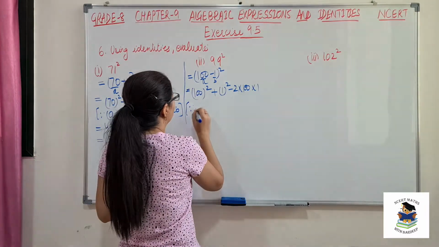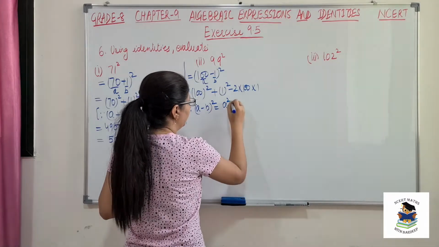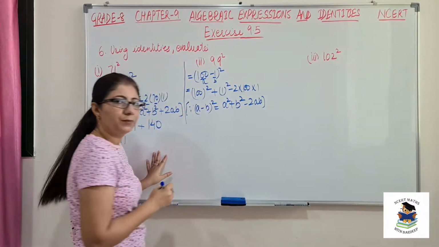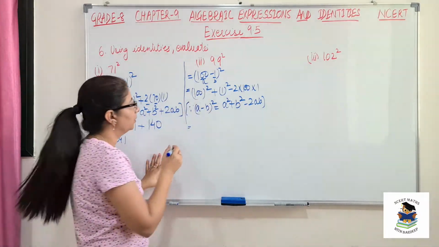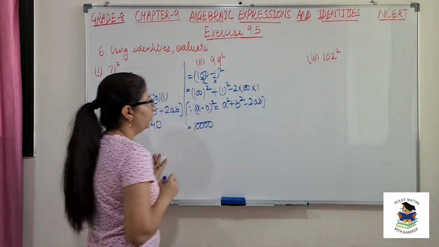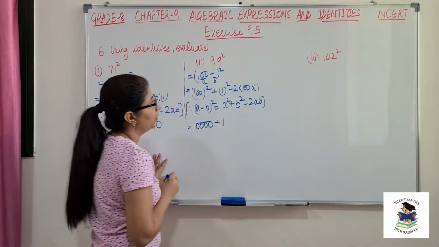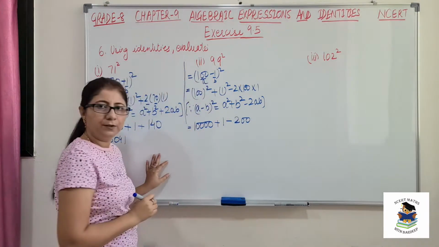So we will write because (a minus b) whole square is equal to a square plus b square minus 2ab. Okay, so next is 100 square. 100 into 100 means 1 with 4 zeros. Next, 1 into 1 is 1 and 2 into 100 is 200.